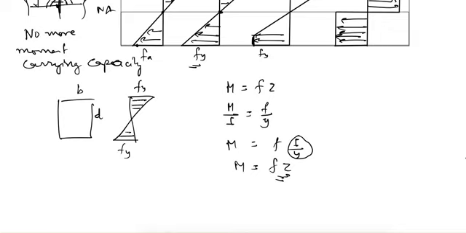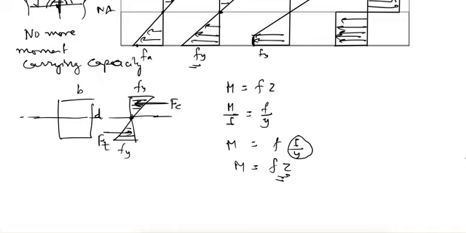So this is our actual stress distribution when the extreme fibers have yielded, and that is our elastic limit. How can we write the moment at this point? On the compression side, there is this force of compression, and on the tension side there is this force of tension.